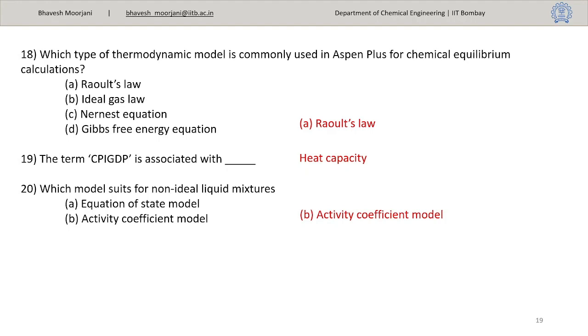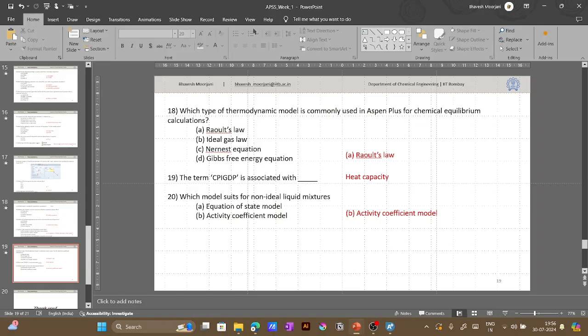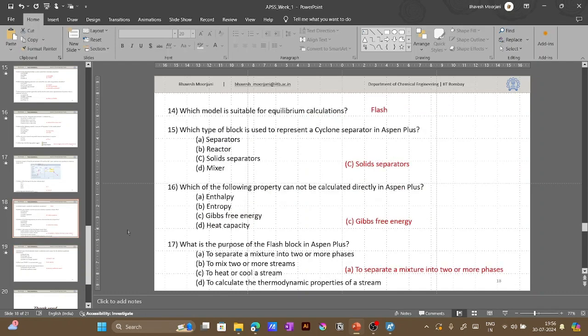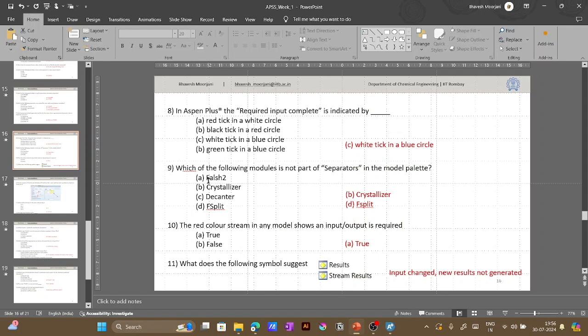Okay. So your assignment 1 questions are also related to this small MCQ. Half of the things you don't have to memorize. No one is going to ask what CPIGDP means, or where exactly the cyclone separator is present in this block. But the idea of this assignment is so that you explore the software more and understand various things.